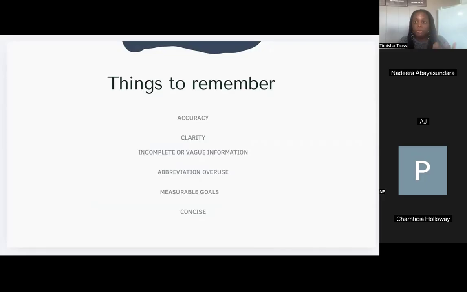Okay. And of course, you want to make sure that whenever we're documenting, it's measurable goals, right? We're documenting to make sure that we are meeting those goals. So whatever the goals are for the patient, we want to make sure that we're documenting within that alignment and not outside, right?